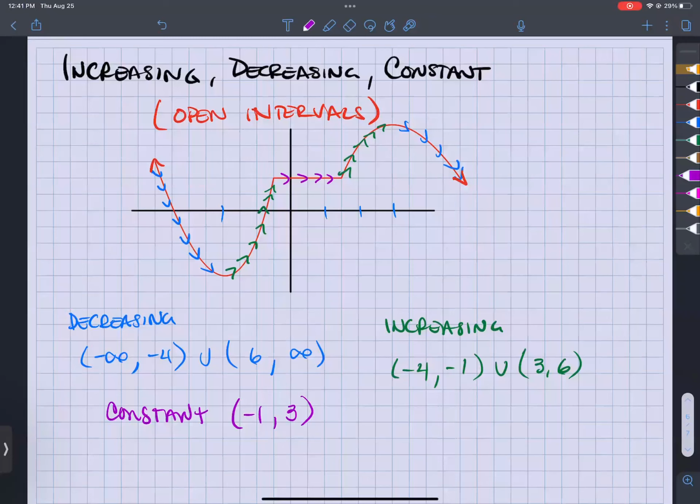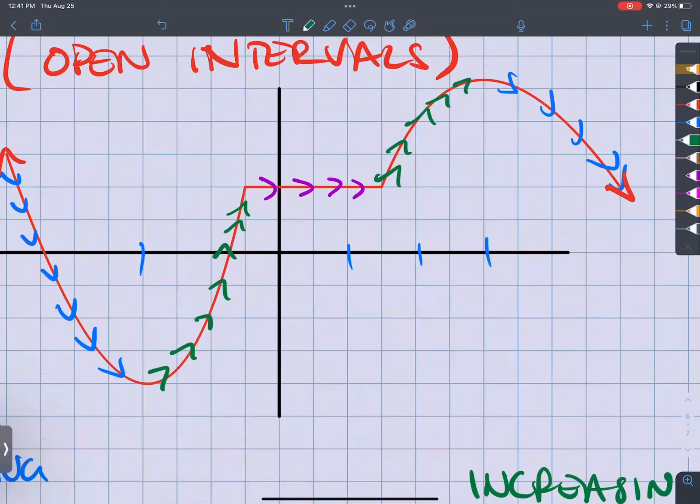Because it started increasing right from here to here. So that'll be -4 to -1, right?